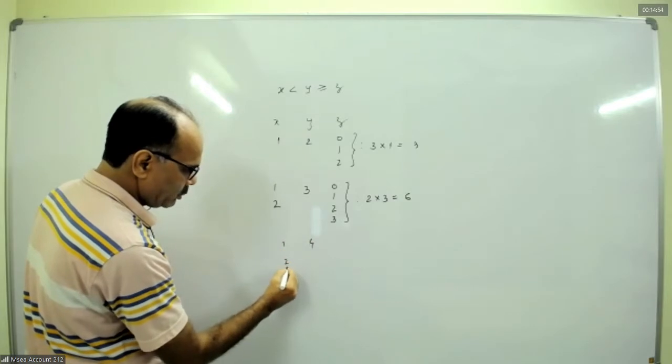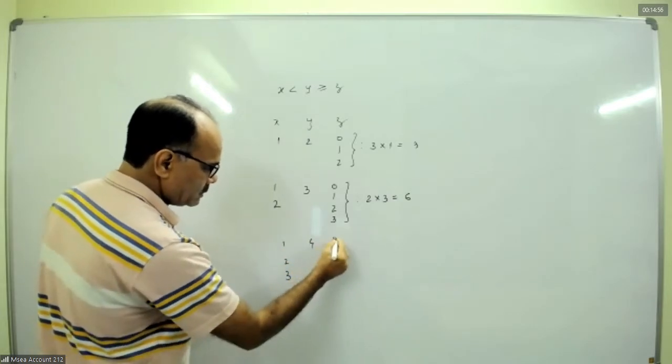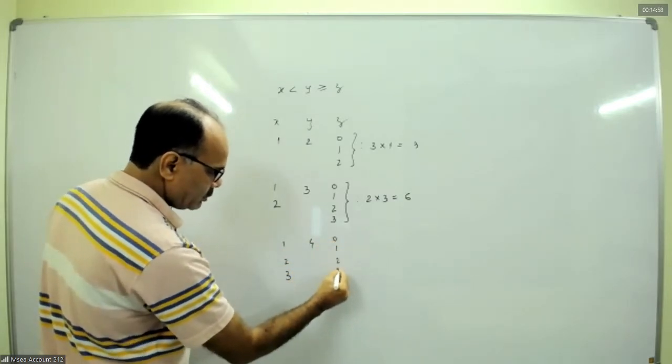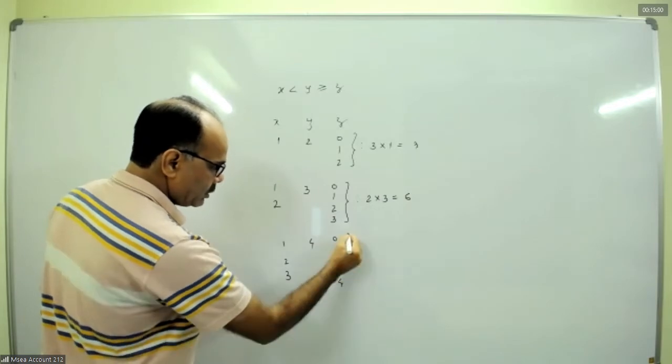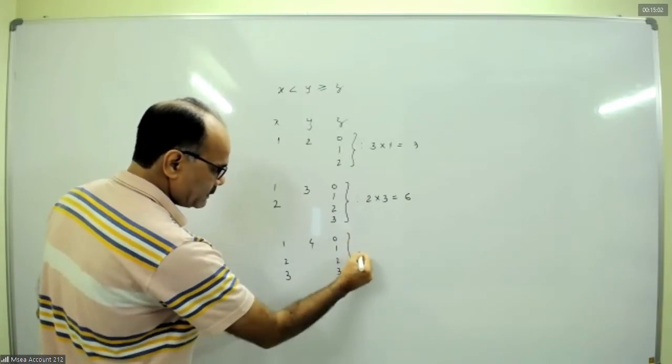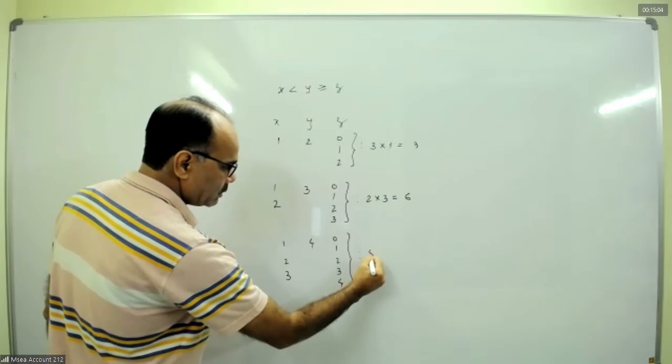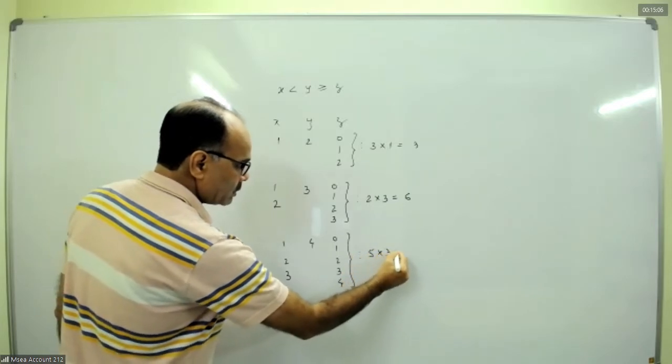1, 2, 3 and 0, 1, 2, 3, 4. Total numbers 5 into 3 equals 15.